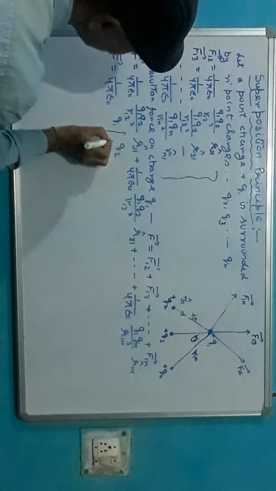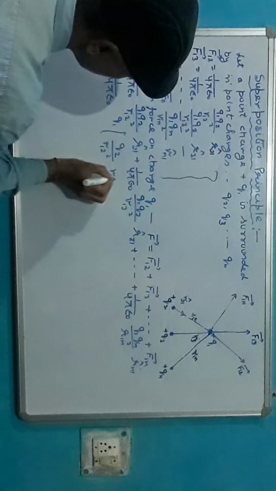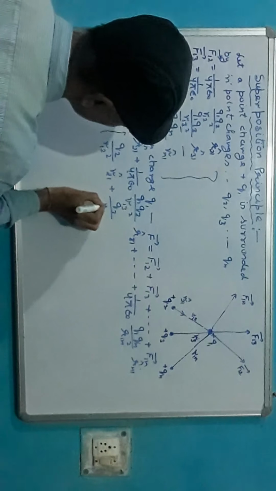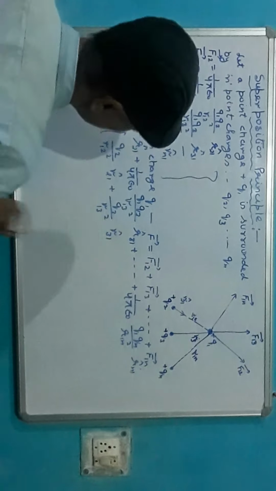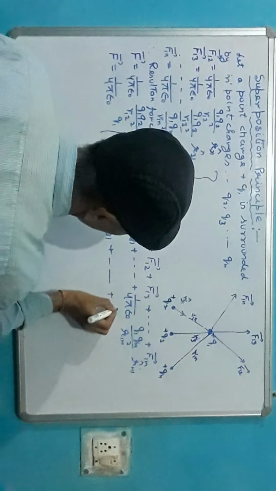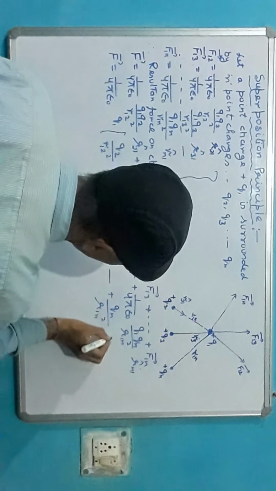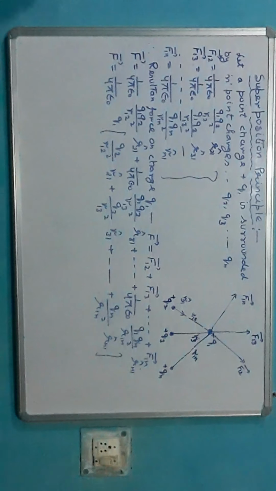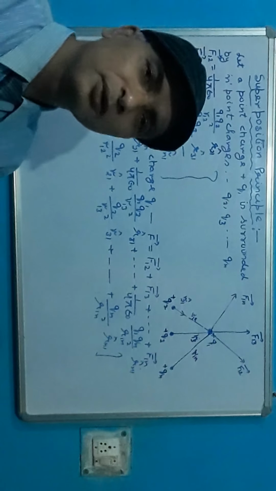Inside you will get Q2 upon R12 square R21 cap plus Q3 upon R13 square R31 cap plus up to Qn upon R1n square Rn1 cap, bracket closed. This is the mathematical form of the principle of superposition for electric charges.